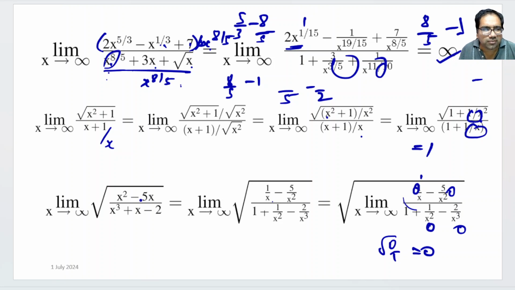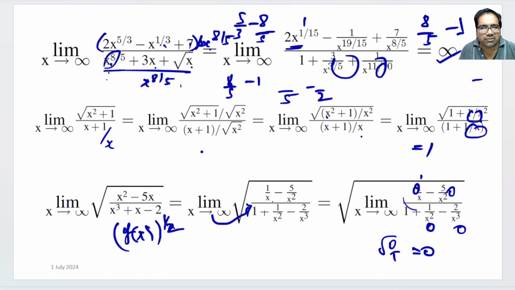Please notice the limit of some power of some function. For example, square root of f of x means f of x whole power 1 by 2. Power of something means power of limit of something. So limit basically we can take inside the square root.